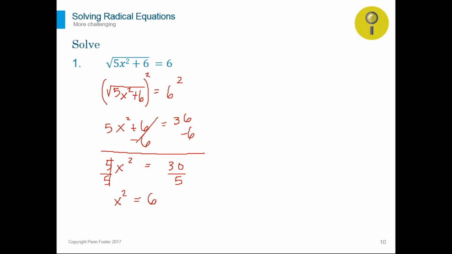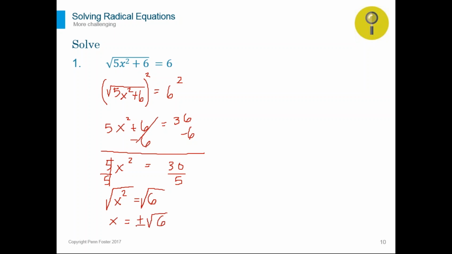Now this step is tricky. To get rid of the square, we can do the opposite operation, which is taking the square root of both sides. Now, the square root of x squared would be just x, which is what we're looking for. And our result is not going to be one answer. It's going to be two answers, either positive or negative, the square root of 6.